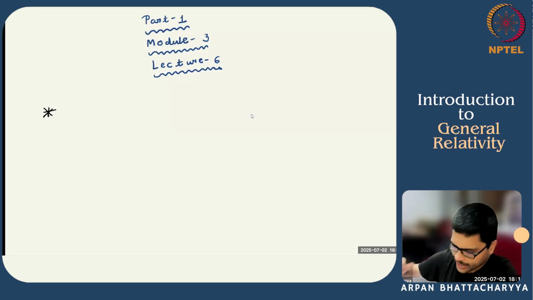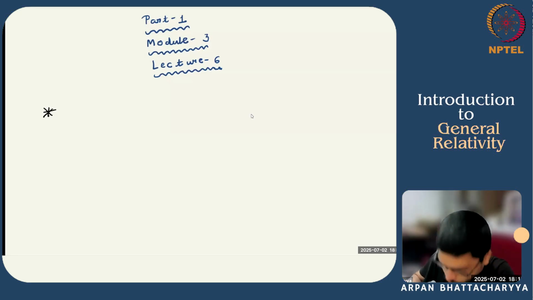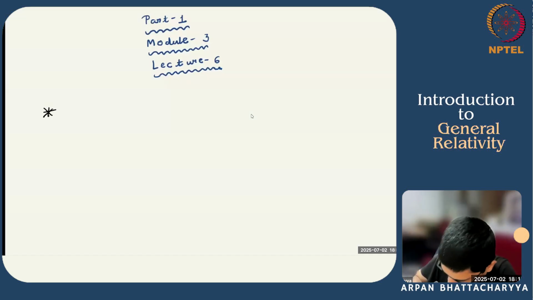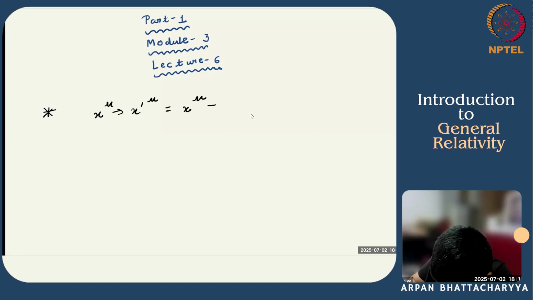And we have shown that only under the following joint transformation of the coordinate and the Pierce-Pauli field, which is given as x mu goes to some x prime mu, which is related to x mu plus lambda.